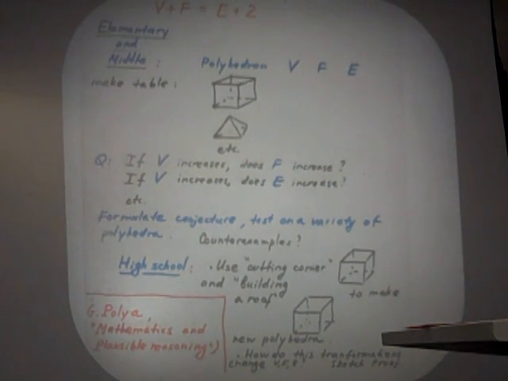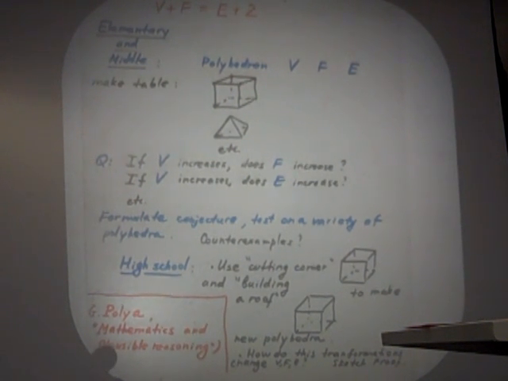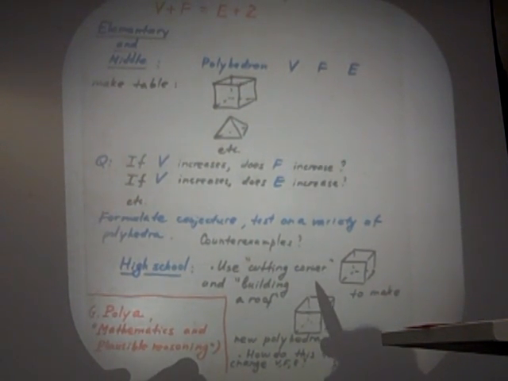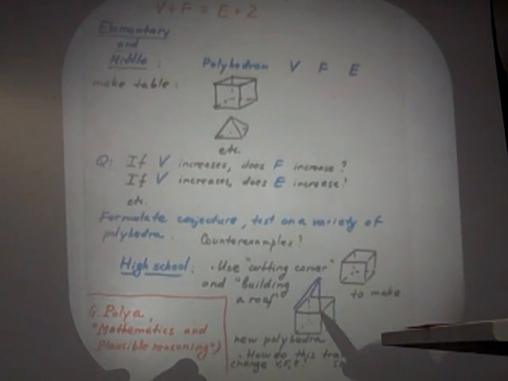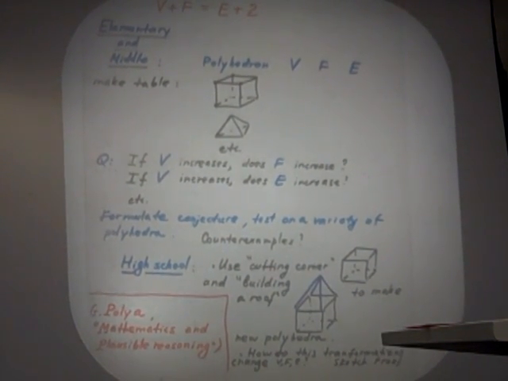And then if I do it in high school, I actually make them do at least part of the proof. I tell them, okay, so you have a polyhedron. How can you make more? How can you make another one out of it? There are 2 simple things you can do. You can build a tower over a given polyhedron. Let's say that you have this cube, add a vertex to it, build a new polyhedron, right?